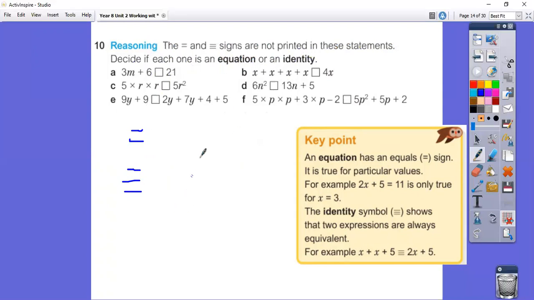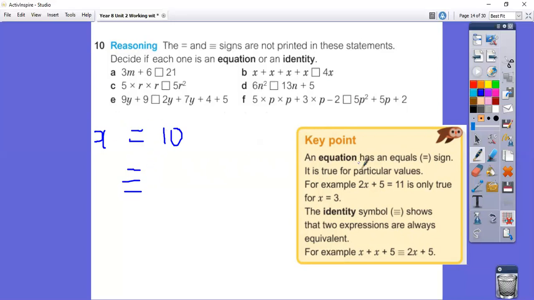Now, equations always have this equal sign, which shows the 2 sides are equal, for example, x equals 10. So this is an equation where the 2 sides are connected with this equal sign.